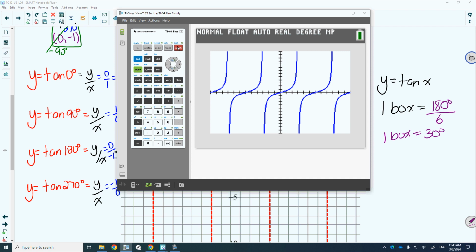So here are my x-intercepts. We had 0, we had 180, we have 360. This would be negative 180 and negative 360. We have vertical asymptotes within our graph. They're invisible, right? But they're vertical asymptotes. So this will sort of show you what the shape of a tan graph looks like.